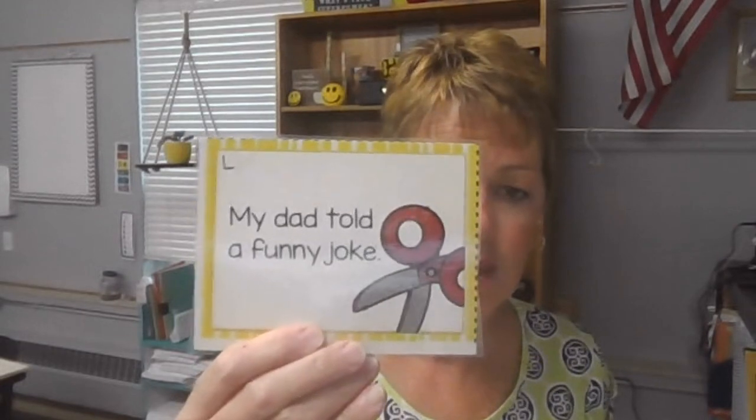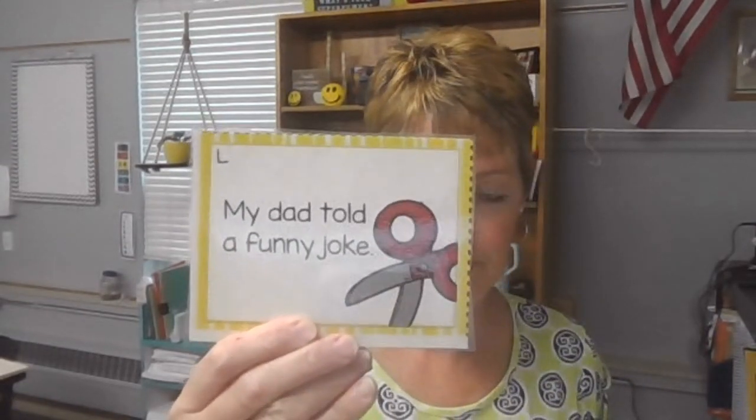And the last one says, my dad told a funny joke. So you're going to find the ones that go with those. And then the very last thing you have to do is write your favorite one on the line. You have to write the 2 sentences on the line and either put so or therefore in the middle of those 2 sentences. All right, that's your job.